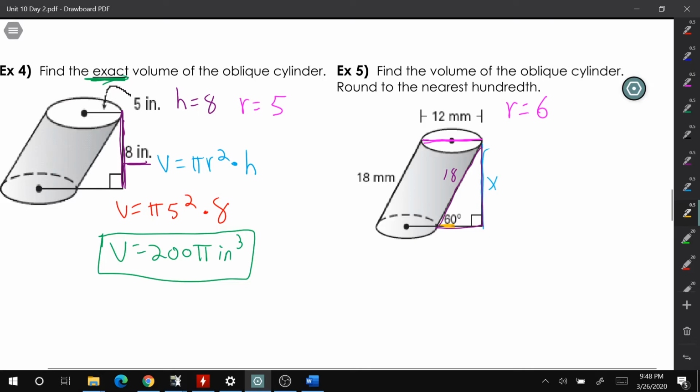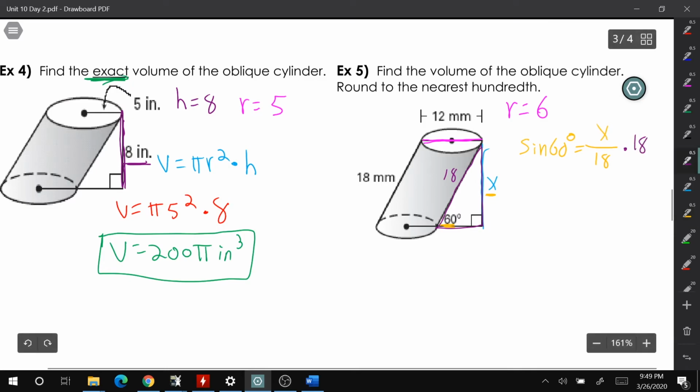We know the hypotenuse is 18, and this side, that is x, is opposite from our 60 degrees. That means it's going to be sine of 60 degrees equals the opposite, which we don't know, over 18. So we can replace opposite with x. That will make things a little bit easier.